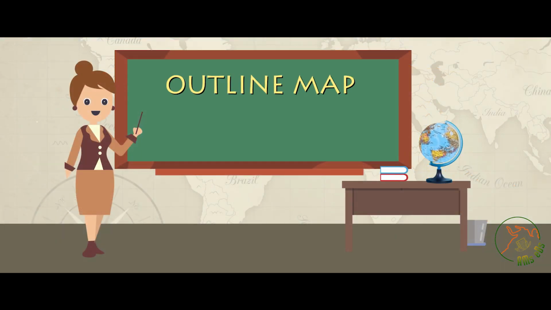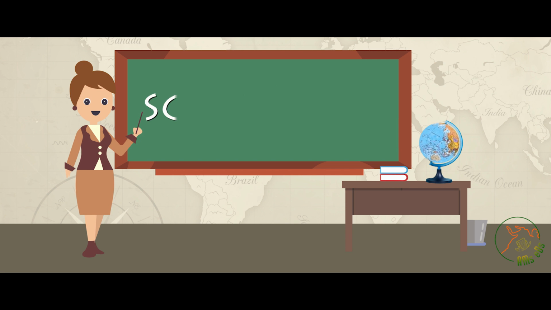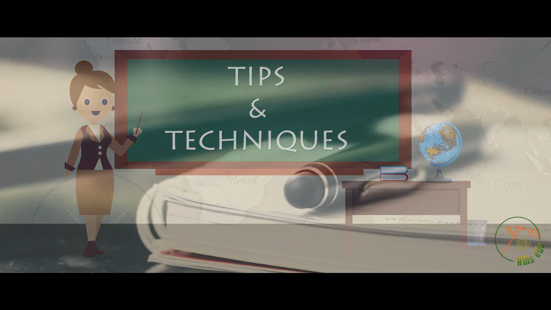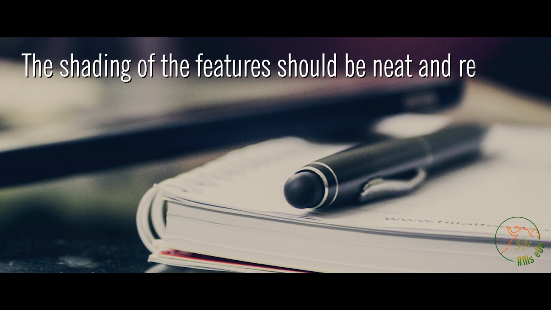On the outline map, you are expected to locate, mark, and name different features. But how you do it will decide whether you score the full marks or not. So, some tips and techniques. The shading of the features should be neat and relating to the correct location.